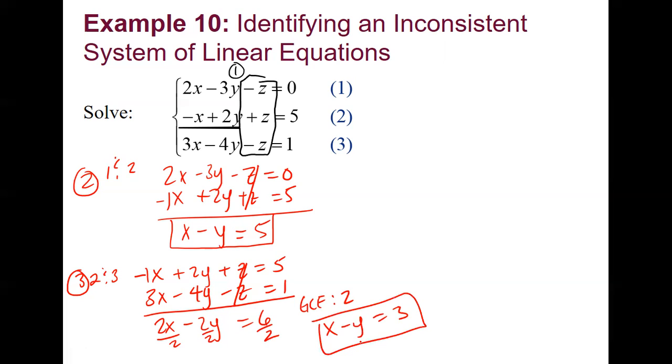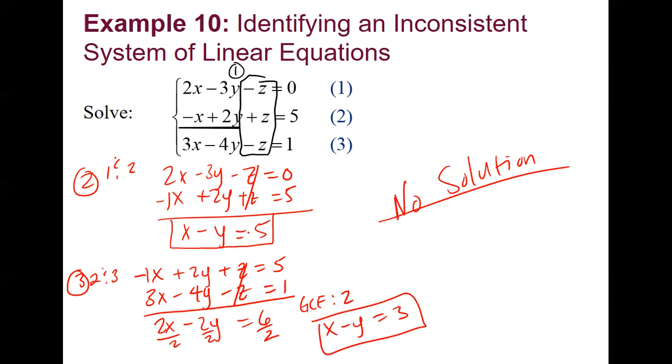What do you notice between steps 2 and 3? They equal different things. Can x minus y equal different things? No. So right here, you're done. Because what does this mean? It's inconsistent. So there is no solution.